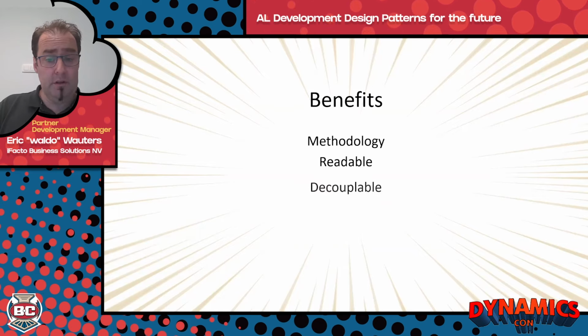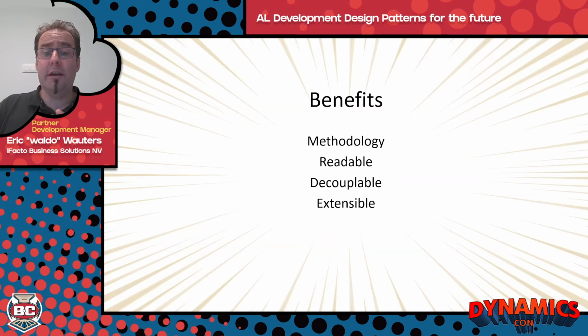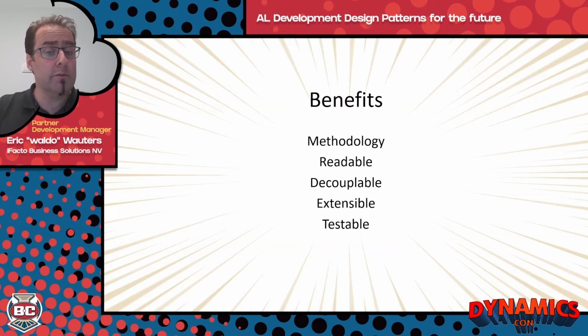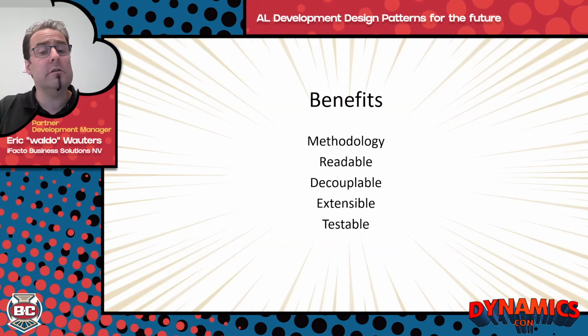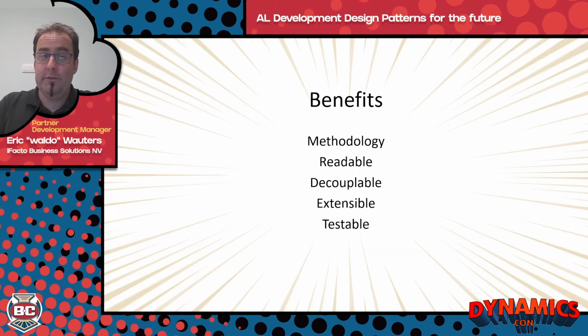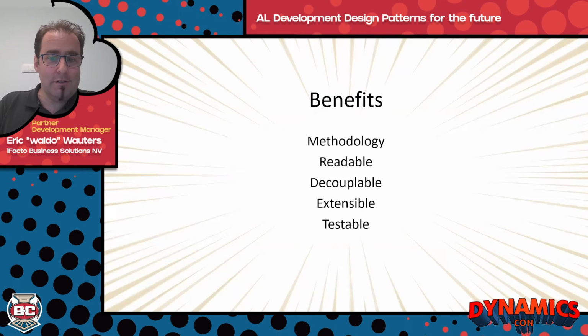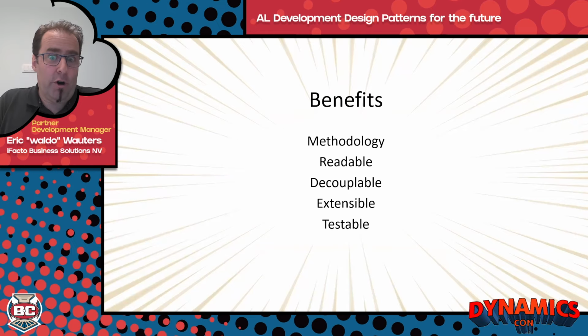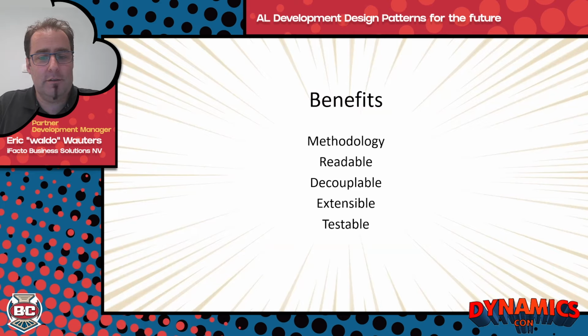It is very readable. It is decoupleable, which is very important. Extensible, which is very important. And do not forget, it's testable. Imagine that you have all your business logic in these kind of code units. Automatically, you have a list of code units that you need to test. A list of all the methods that are your tests, right?